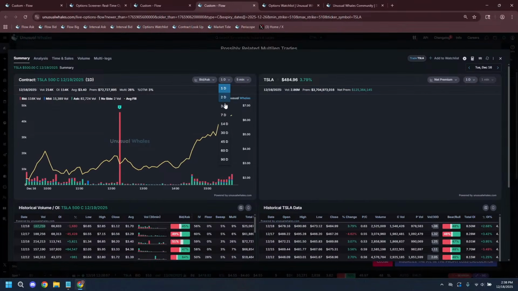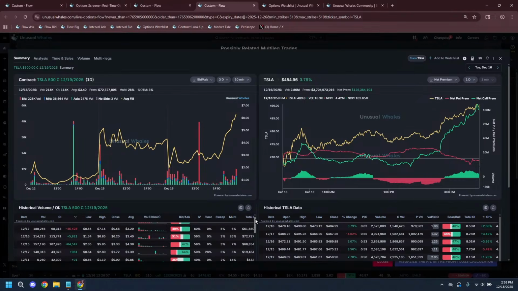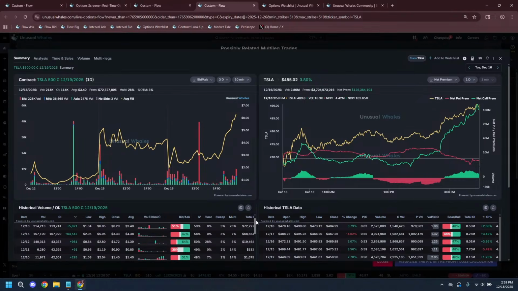And then a couple days later, what day was it? The 16th. So let's hide some of this data to look at just what would have happened at the time. Back in time, we go to the beginning, December 12th, in the middle of the afternoon, that big trade right there.